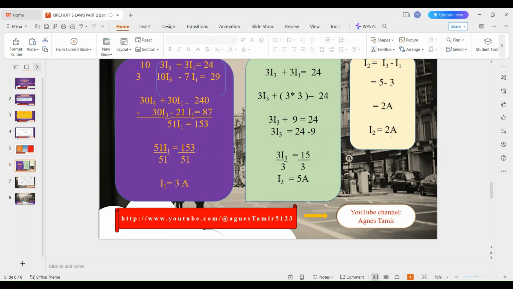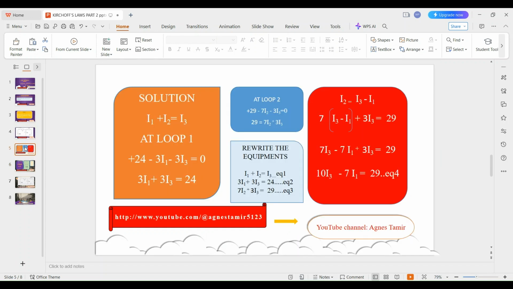Let's prove and see whether we have the correct answer. We have said that I1 is equal to 3 and I3 is equal to 5. Let's prove using equation 2 and equation 4.